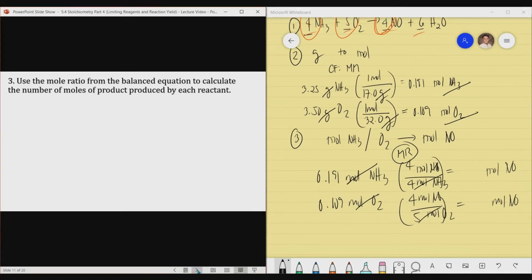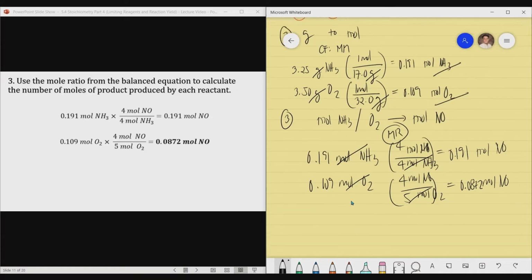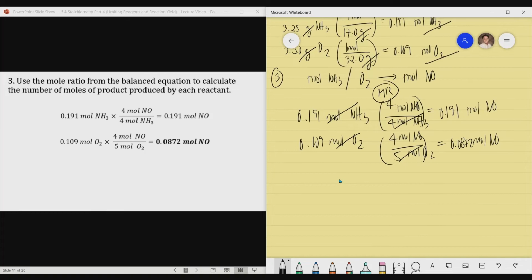So input this one in the calculator, I have this following answer. 0.191 and then 0.0872 moles of NO. Okay?